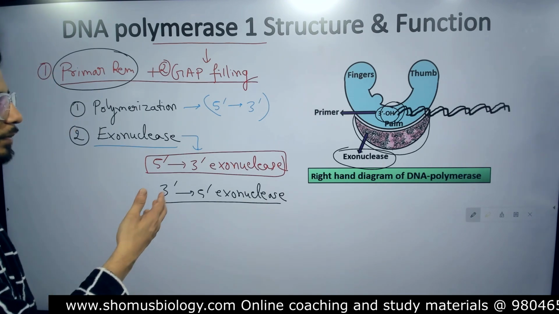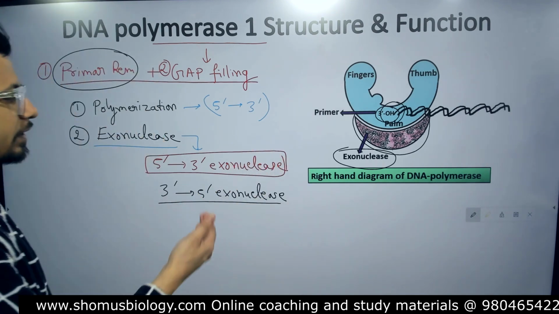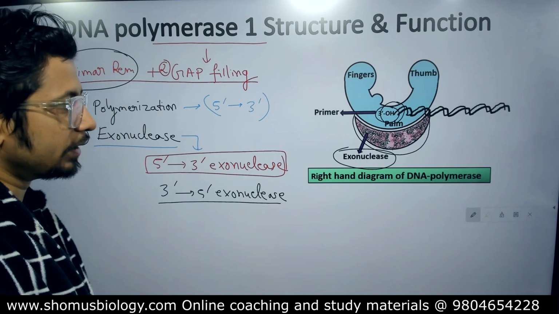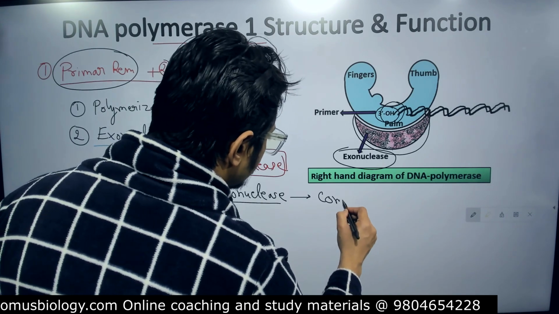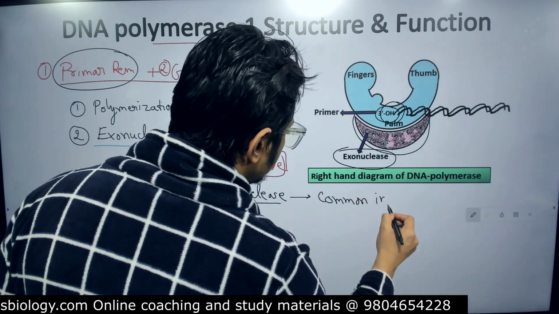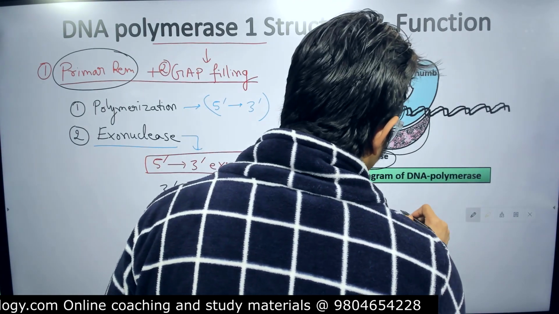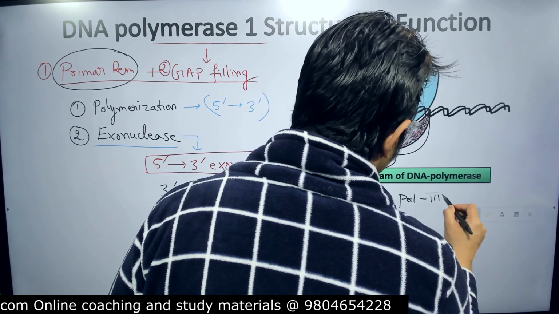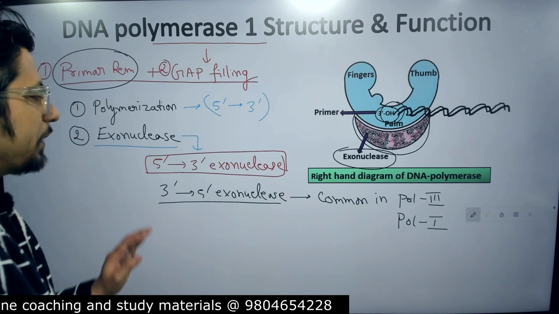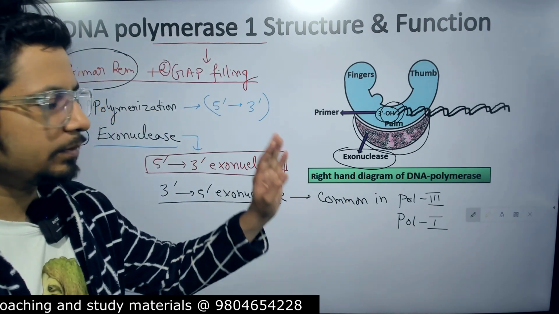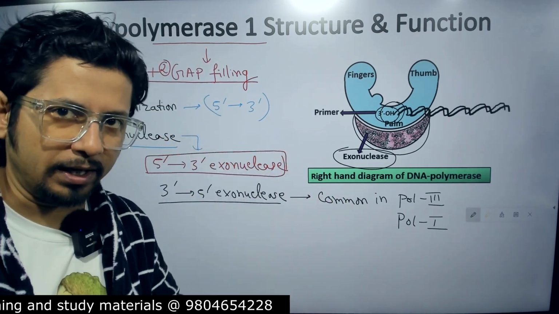And this 3' to 5' exonuclease activity is also common in both Pol 3 and Pol 1. So 3' to 5' exonuclease activity is common in Pol 3 as well as in Pol 1.